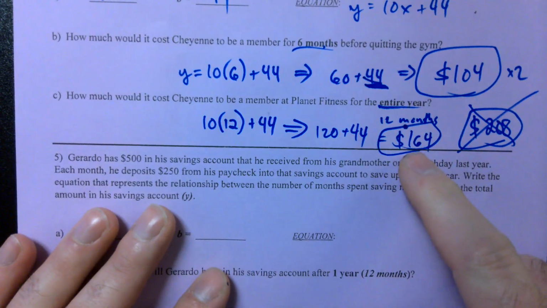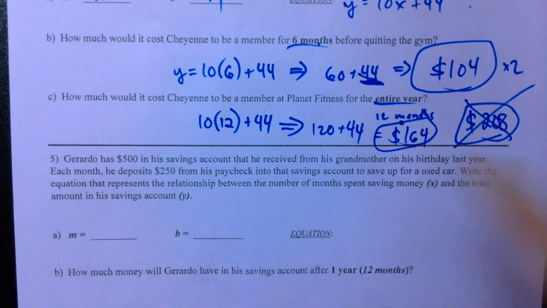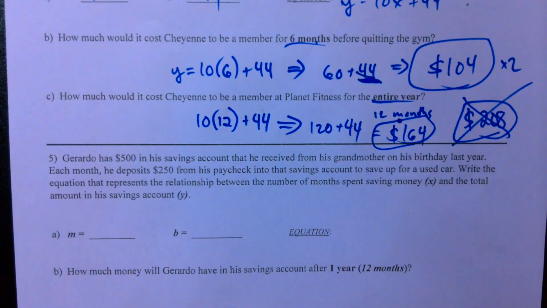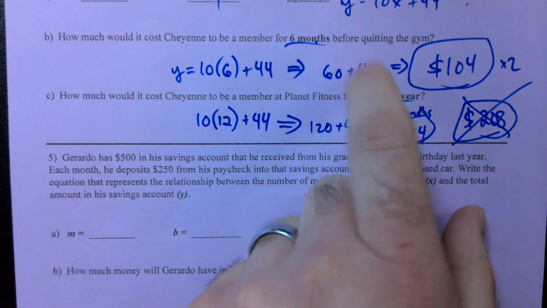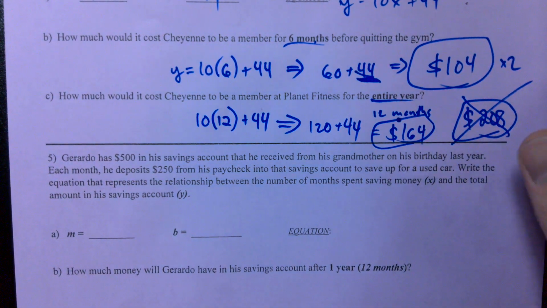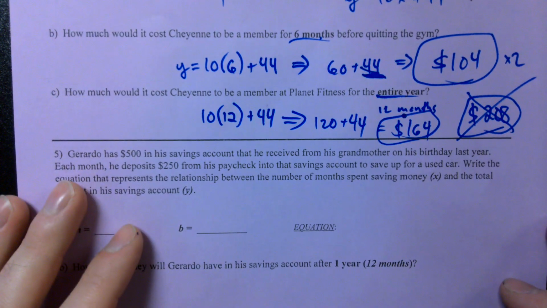Give me a thumbs up if that's what you got. 164. Good. So as I was walking around, most people figured that out. I did see a couple 208s on there, so I just wanted to clarify why we don't want to just do that. Because that initial fee, you only pay it once. It'd be like in the warm-up, if I multiplied that whole 1,600 by 2, well, now it's like I bought $2,000 iPhones, right? I only had to buy that phone once. All right?